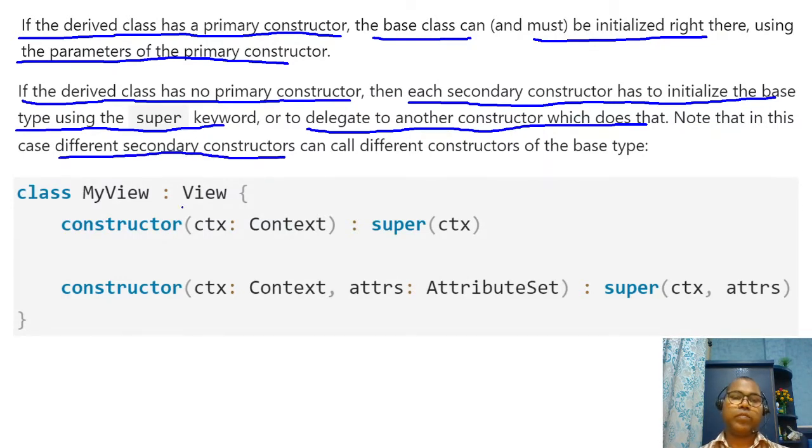Here, for example, we have a View class. Let's say it has two constructors, both secondary constructors, one with one argument and one with two arguments. If you are going to make a derived class, you have to write two secondary constructors and also initialize the base.